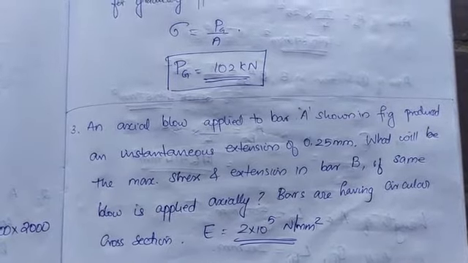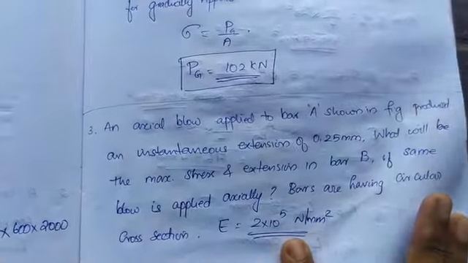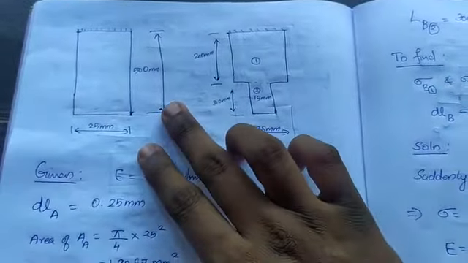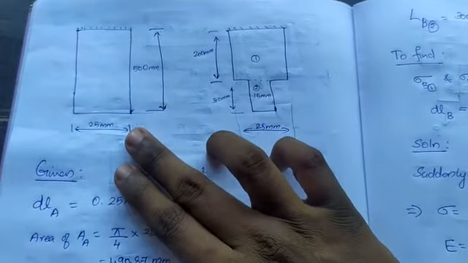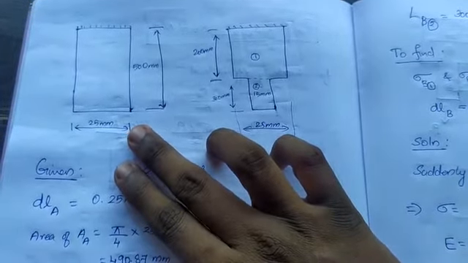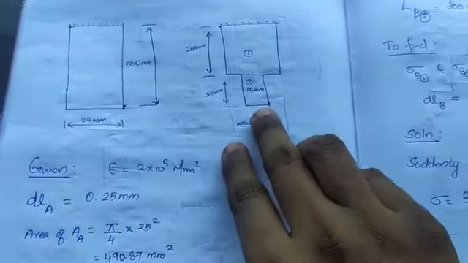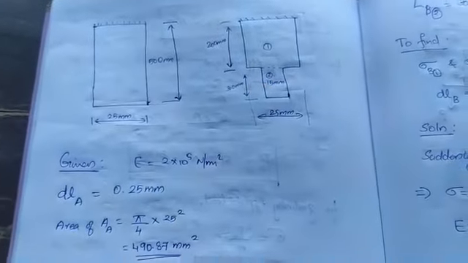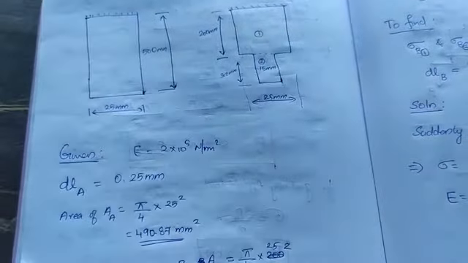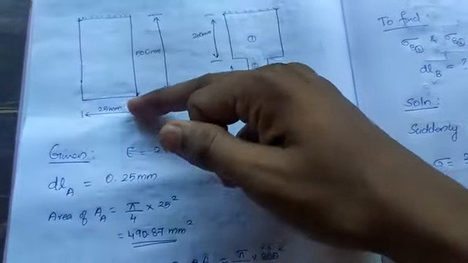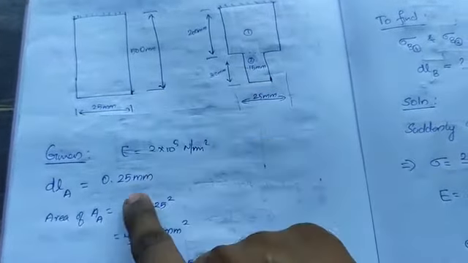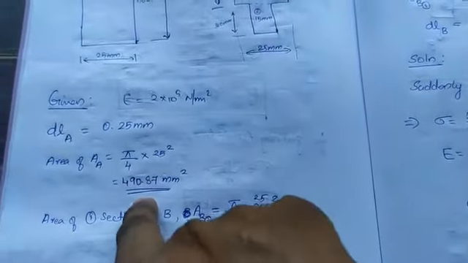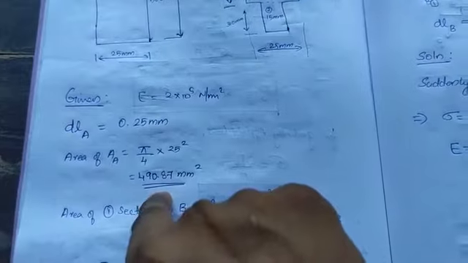There are two bars A and B with circular cross sections. One has 5000 mm length and 25 mm diameter throughout, whereas for the other the diameter is changing. For A the extension is 0.25 and its area is found out, 490.87 mm square.